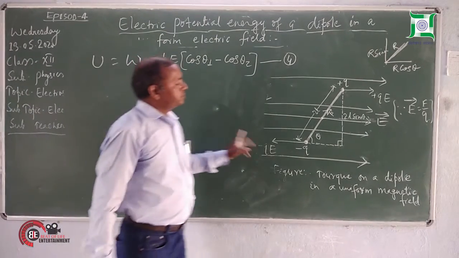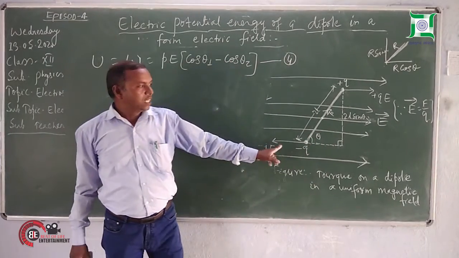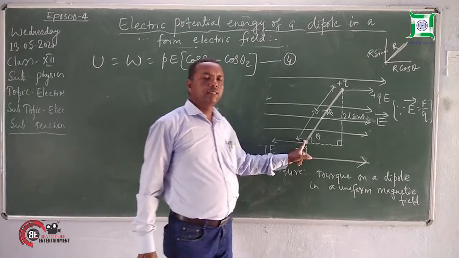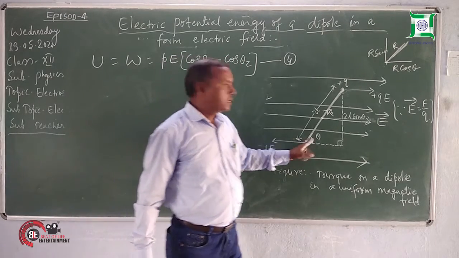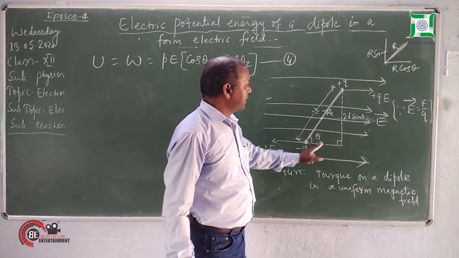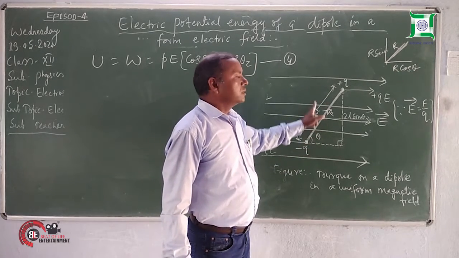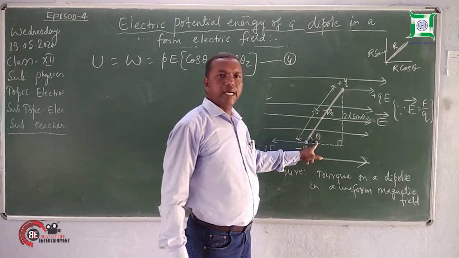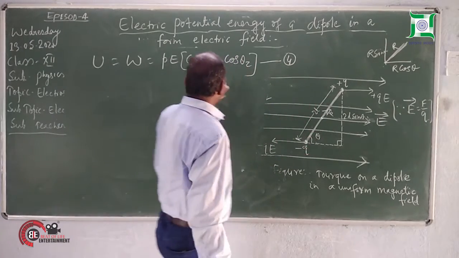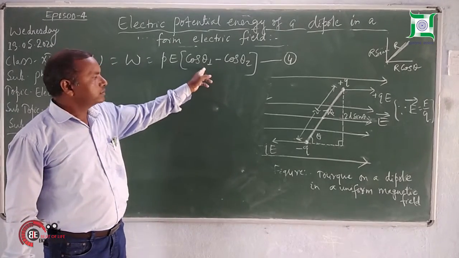If initially this dipole is held perpendicular to the direction of electric field, it means this angle theta 1 is equal to 90 degrees.